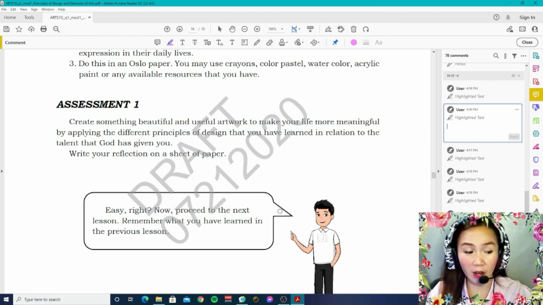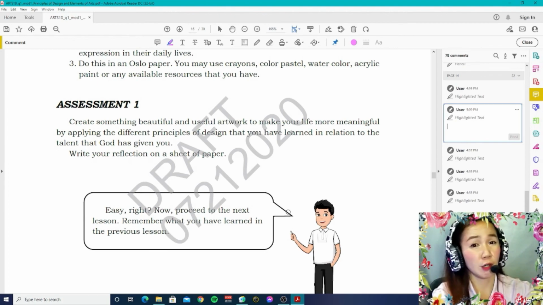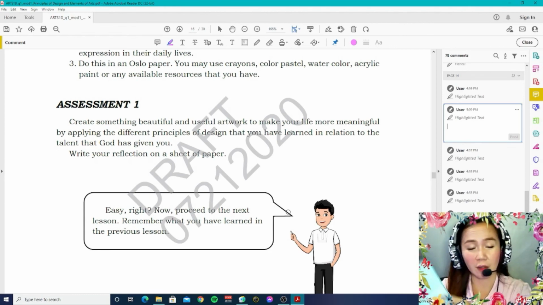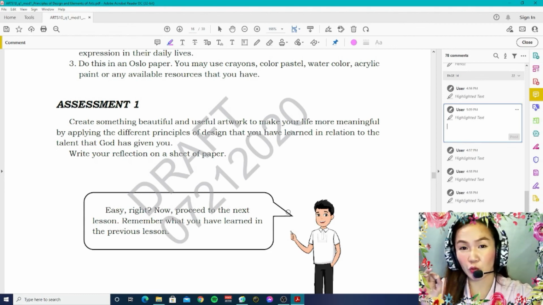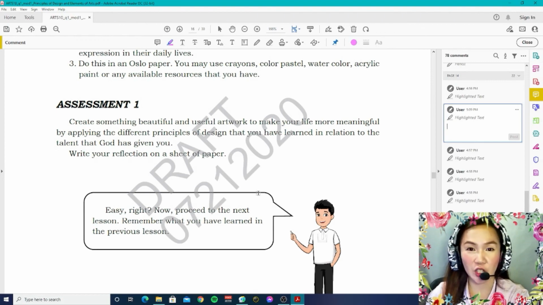Pwede rin yung makita sa craft. Halimbawa, designan nyo itong bottle. Or designan nyo yung inyong mirror. Pintahan nyo kaya. Or lagyan nyo ng beads. Okay? Makikita dapat doon yung 6 na principles of design. Okay? Now, kailangan nyo maglagay o magsulat ng reflection sa isang sheet of paper. Okay?